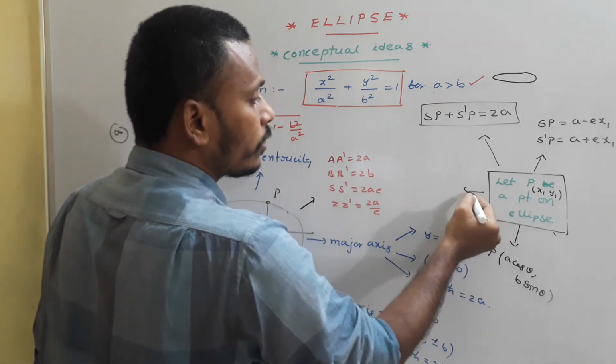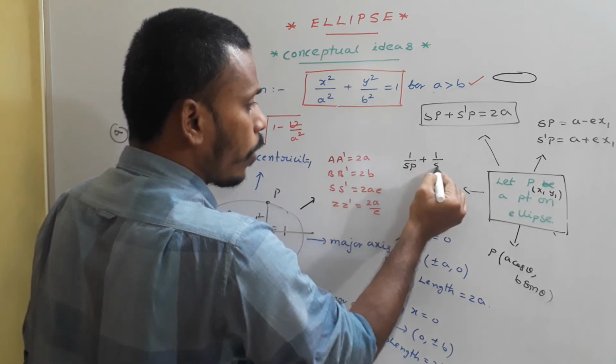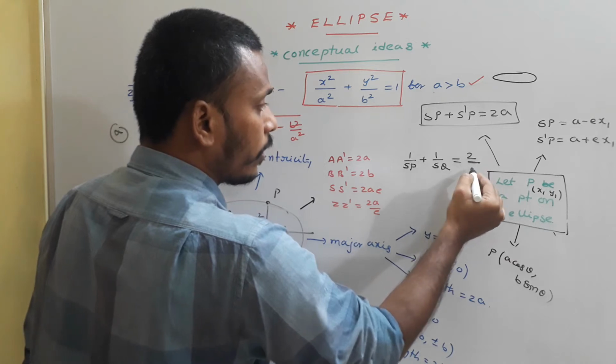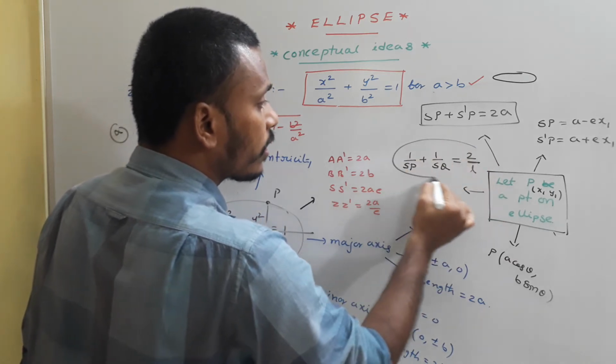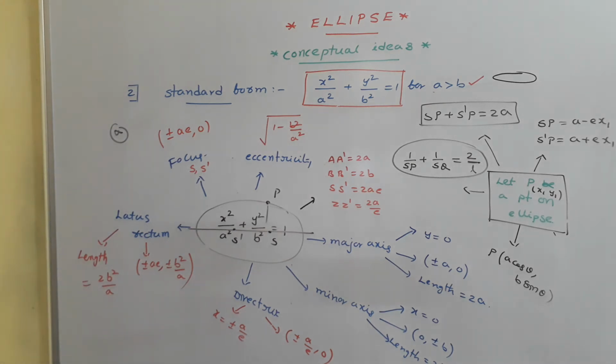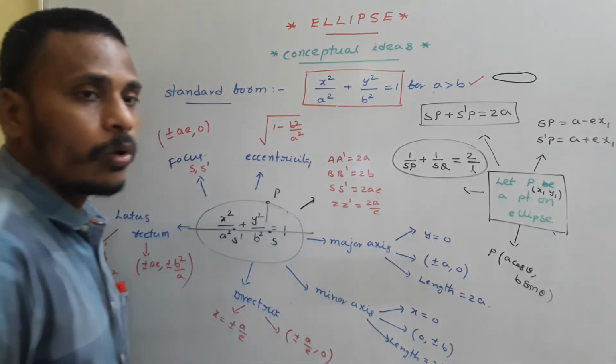And another useful thing is 1 by SP plus 1 by SQ is equal to 2 by L. That L is nothing but the length of the semi-latus rectum. 1 by SP plus 1 by SQ is equal to 2 by L. This L is nothing but what?